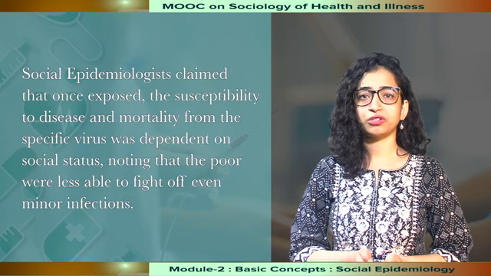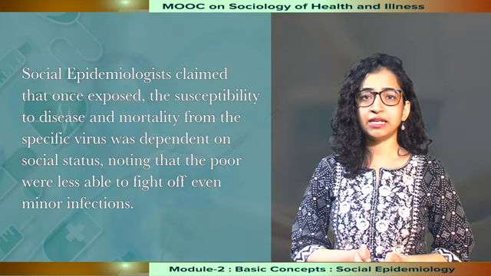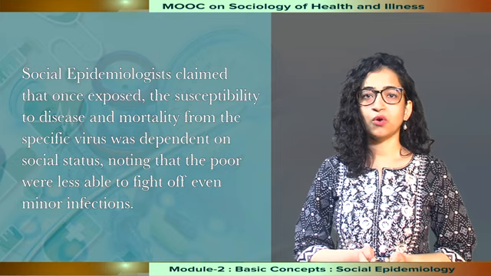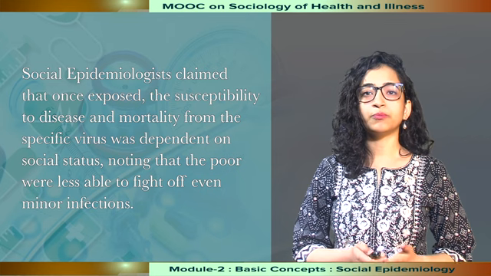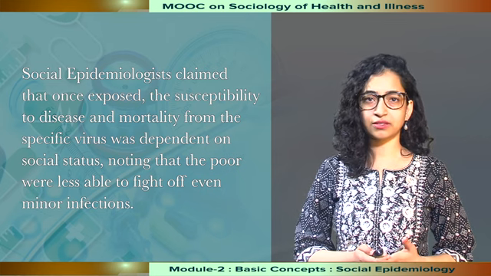Social epidemiologists claim that once exposed, the susceptibility to disease and mortality from a specific virus depended on social status, noting that the poor were less able to fight off even minor infections.